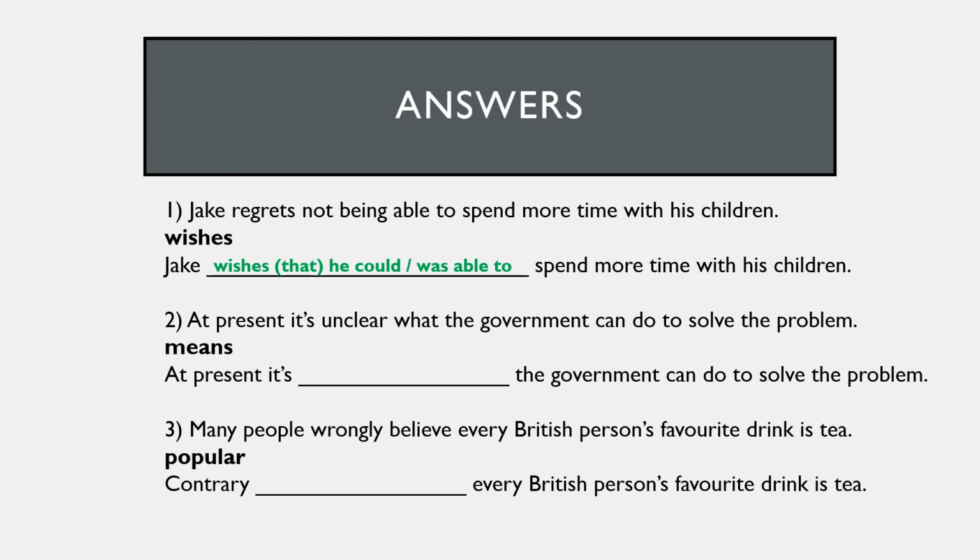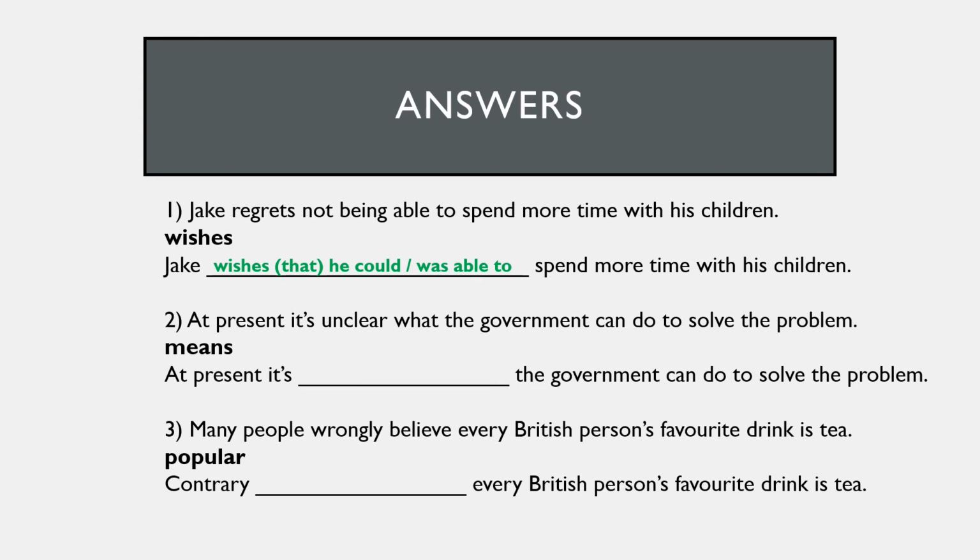You also need to note that when we're talking about a regret in the present, as in sentence 1, we use wish with the past simple. So the answer here is either wishes he could or wishes he was able to. You can write wishes that he could or wishes that he was able to, but the that is optional.